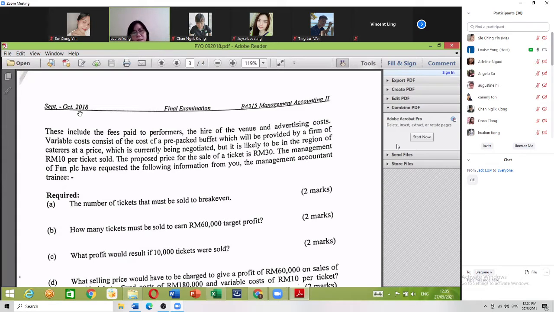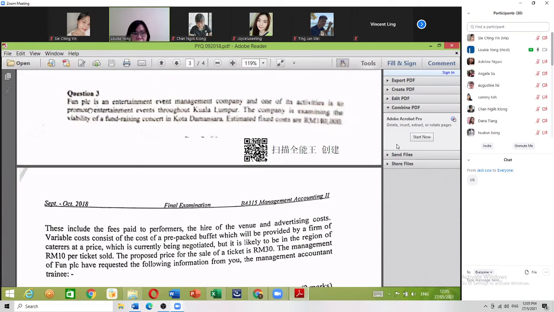Okay, so this PLC is an entertainment event management company. So it is an entertainment company, that means it will have entertainment events throughout KL.